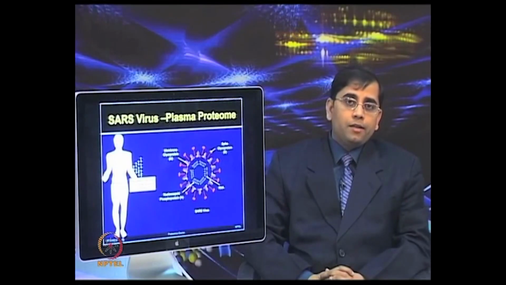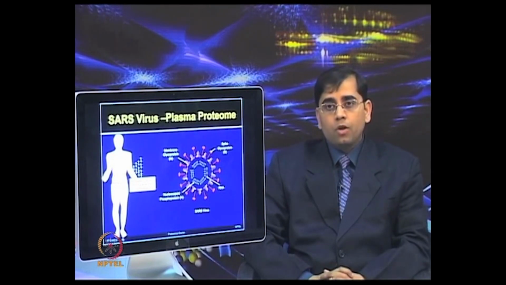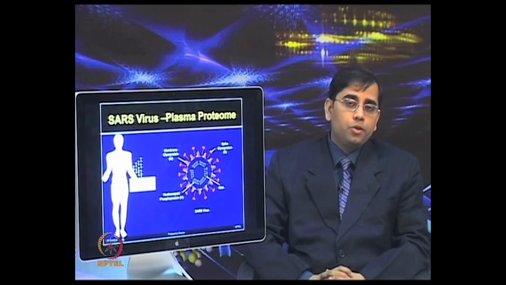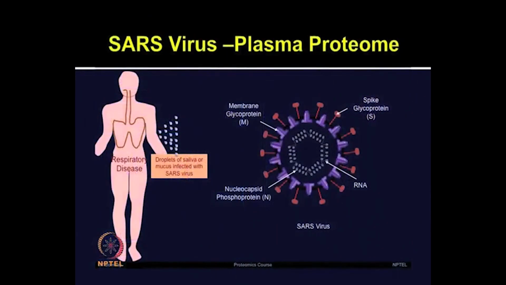If you remember, a few years ago severe acute respiratory syndrome occurred in 2002-2003 and thousands of deaths were reported in several countries around the globe. The genome sequence of the SARS virus was already known, and the structure of the main protease and receptors were also known.